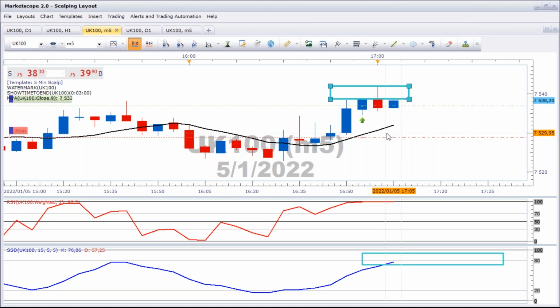I would also get concerned if we can't get through this resistance in the next few candles. I think that it's becoming more steadfast, becoming stronger. I would then start moving the stop up.